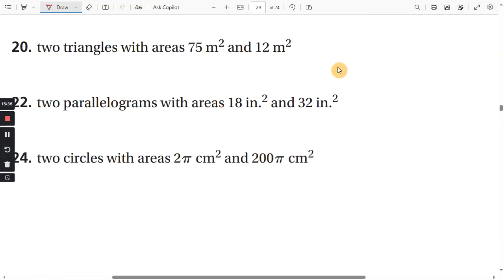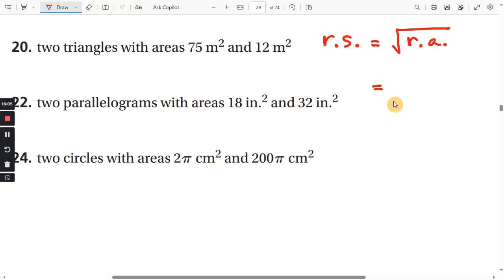So we said before that the ratio of the sides is going to equal the square root of the ratio of the areas. Okay, because now we're going the other way. Before we had to square it to get the ratio of the areas. Now we have to take the square root to get to the ratio of the sides.